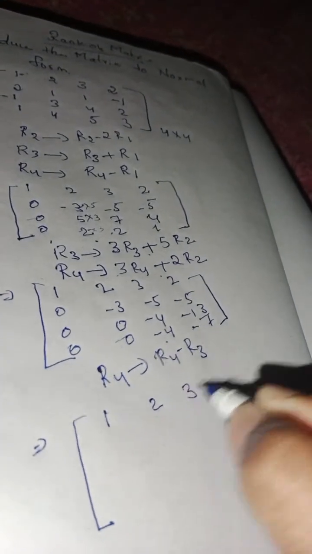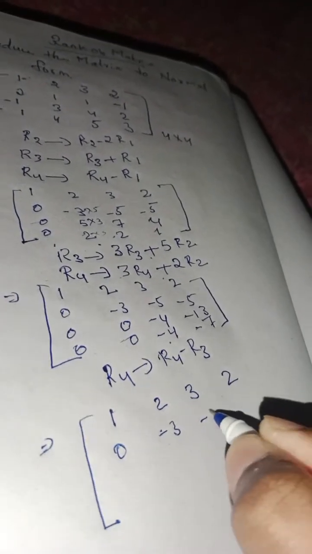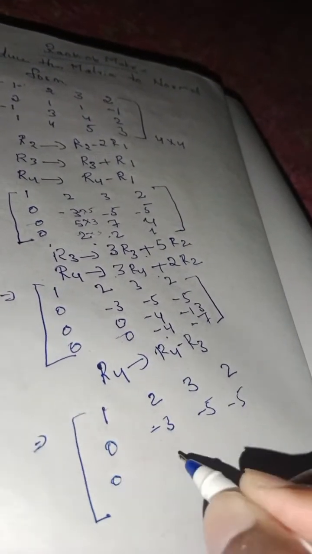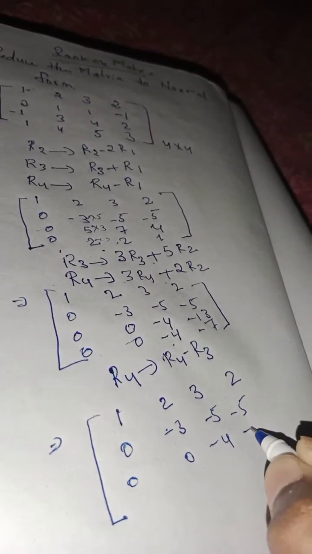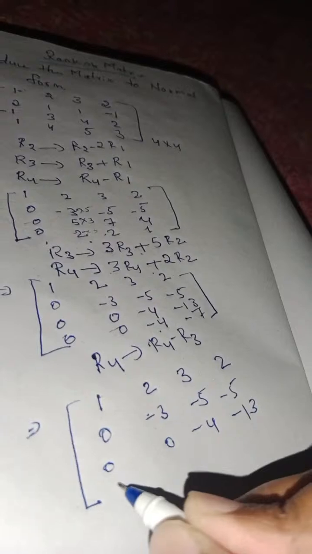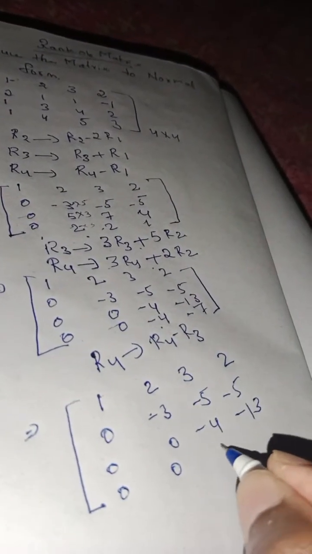That is 1, 2, 3, 2, 0, minus 3, minus 5, minus 5, 0, 0, minus 4, minus 13, 0, 0, R4 minus 0.